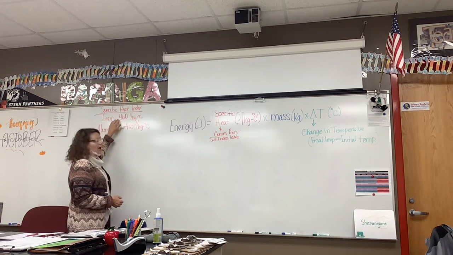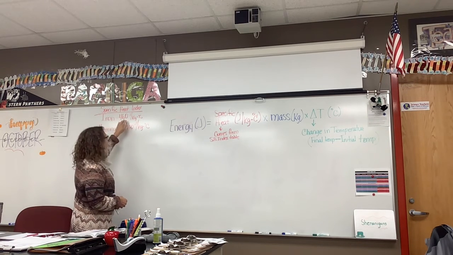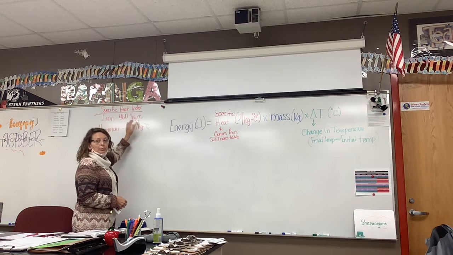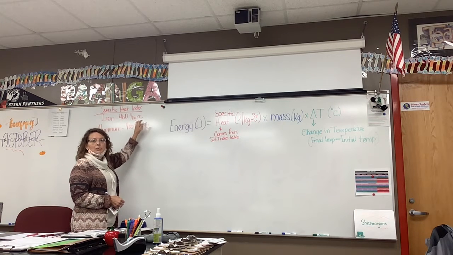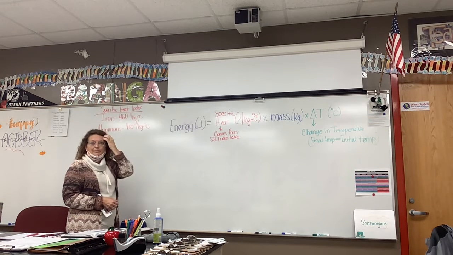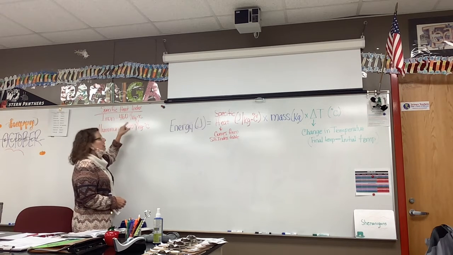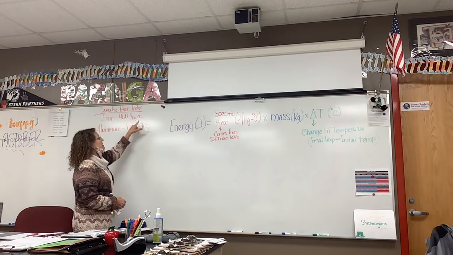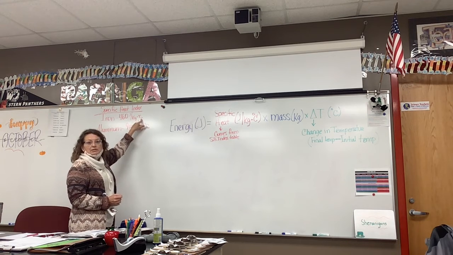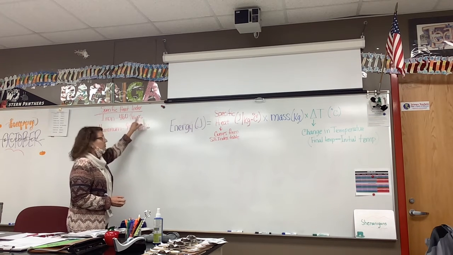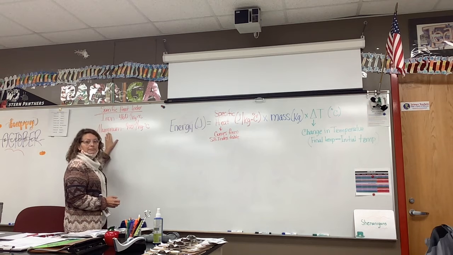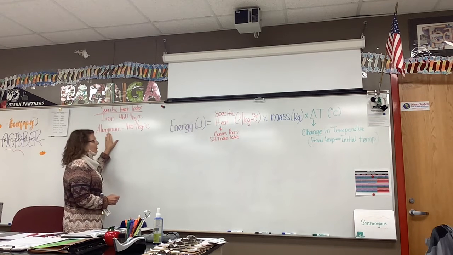So for example, iron requires only 460 joules per kilogram to raise it 1 degree Celsius. That's what this unit means: J per kilogram, which is the mass, and degrees Celsius is the temperature unit that we use. And then aluminum requires quite a bit more.